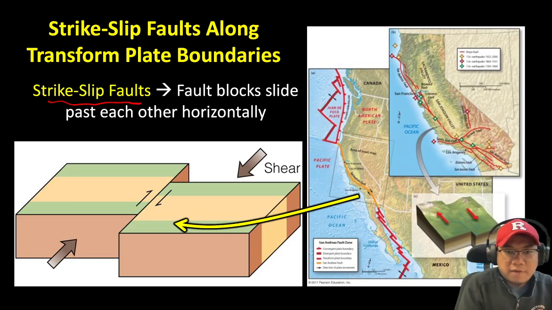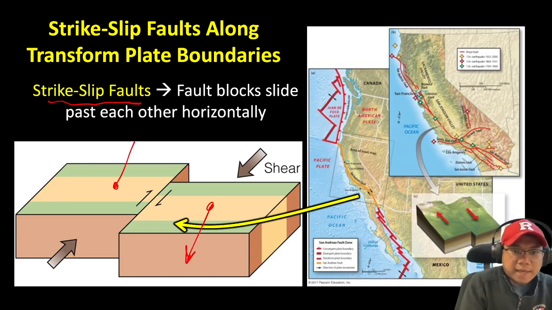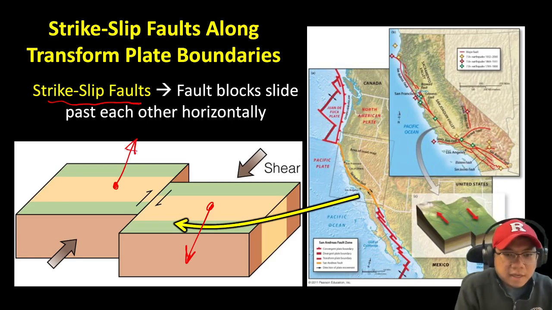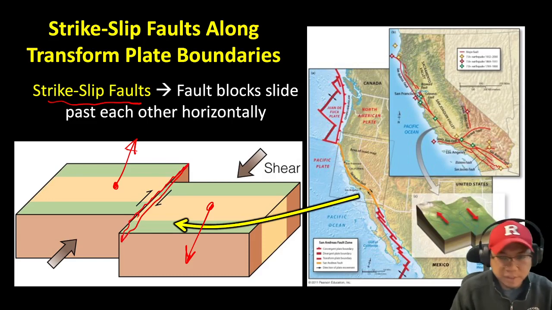This is because we have the two blocks that slide horizontally past each other. Okay, and again, the two blocks will rub against each other along this fault zone, and that is where earthquakes will be generated in transform plate boundaries.